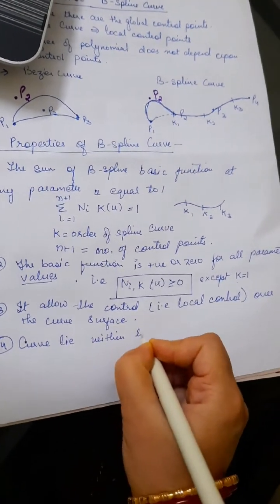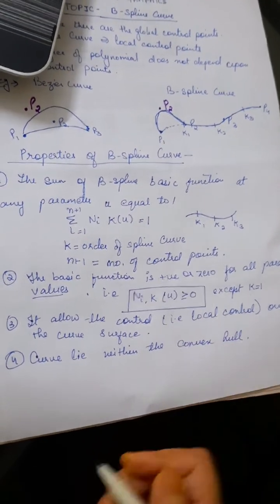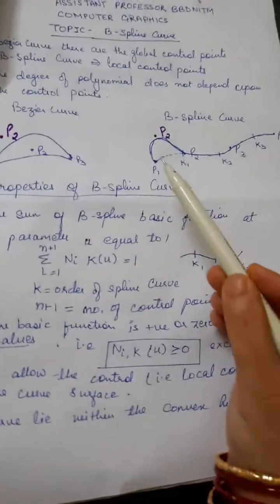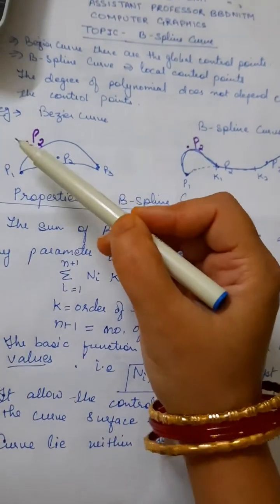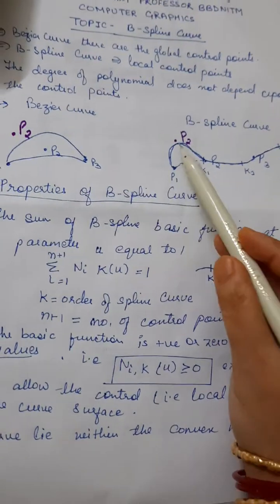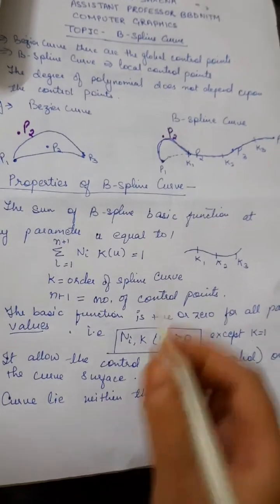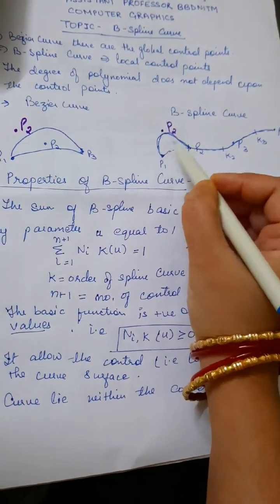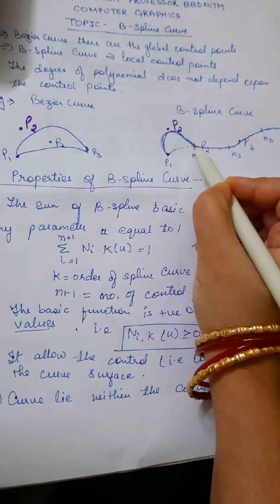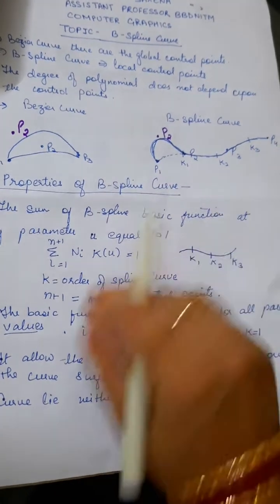As I already told you, the B-spline curve lies within the convex hull, which means it lies within the control points. So here is the control point and the curve lies within the convex hull. If we change the point, it only changes that part of the curve, and the whole curve remains unchanged or the same.